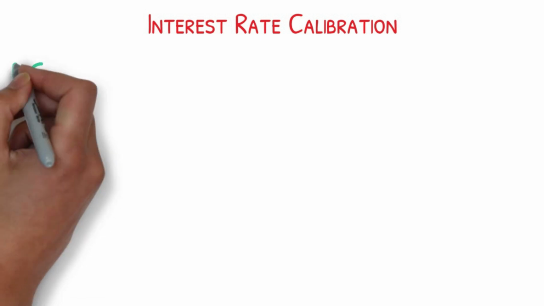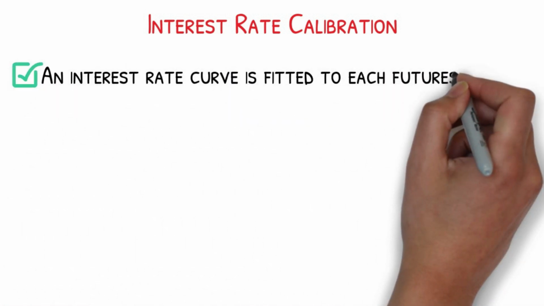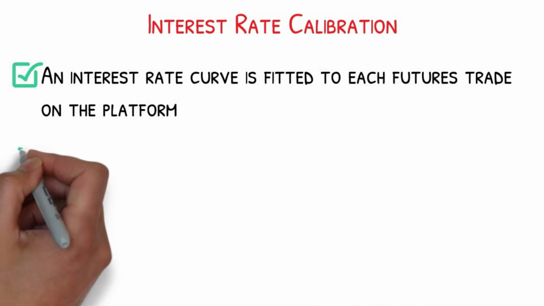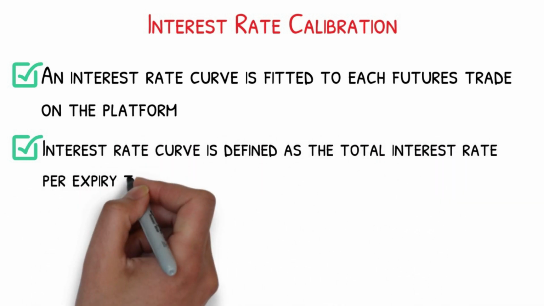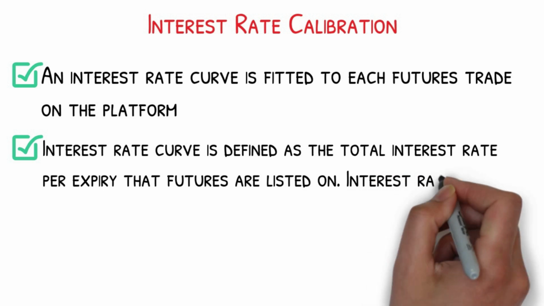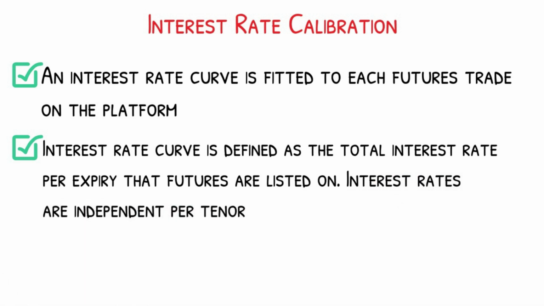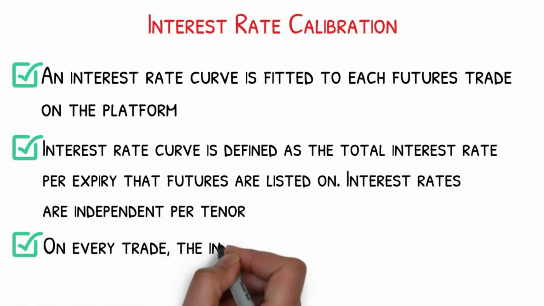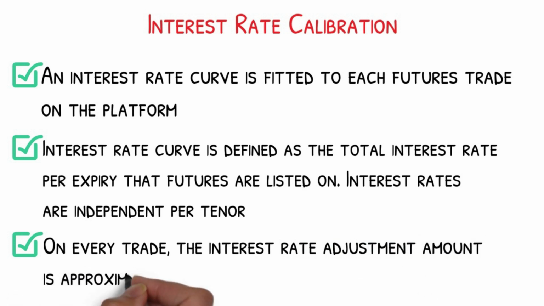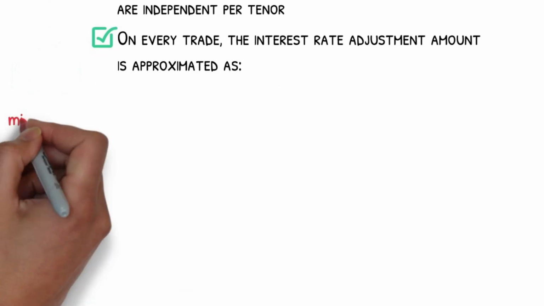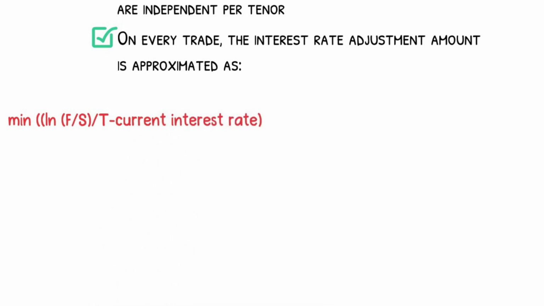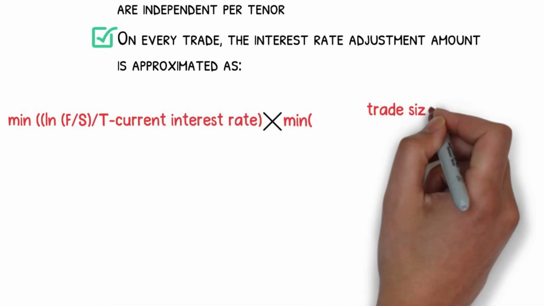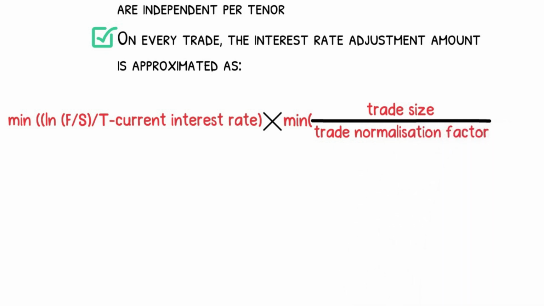Interest rate calibration. An interest rate curve is fitted to each futures trade on the platform. Interest rate curve is defined as the total interest rate per expiry that futures are listed on. Interest rates are independent per tenor. On every trade, the interest rate adjustment amount is approximated as the minimum of ln(F/S)/T minus current interest rate, times the minimum trade size, trade normalization factor, 2%.